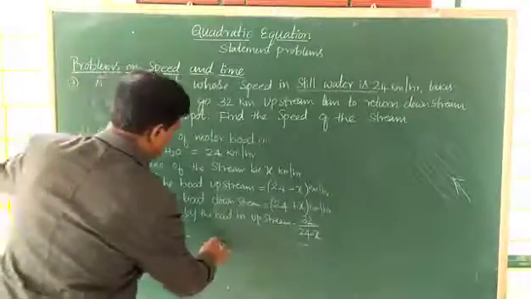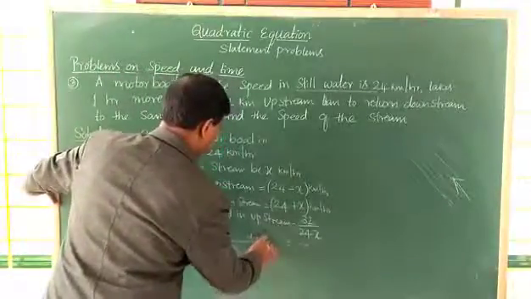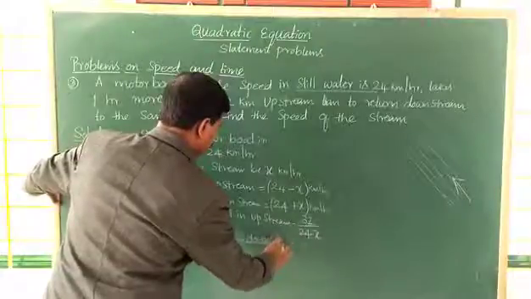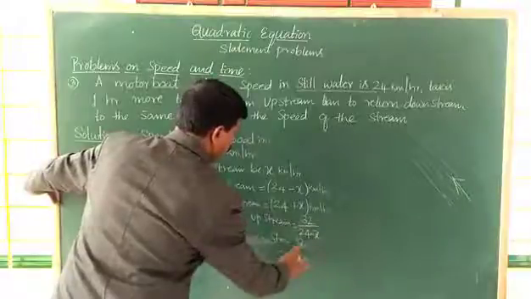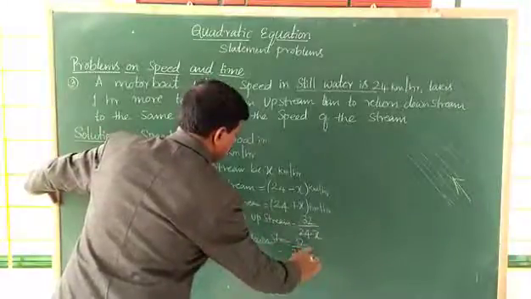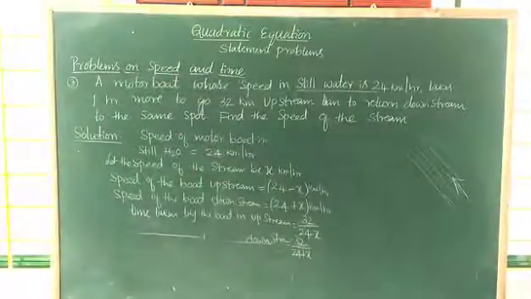Then time taken by the boat downstream equals 32 by 24 plus x. Clear?